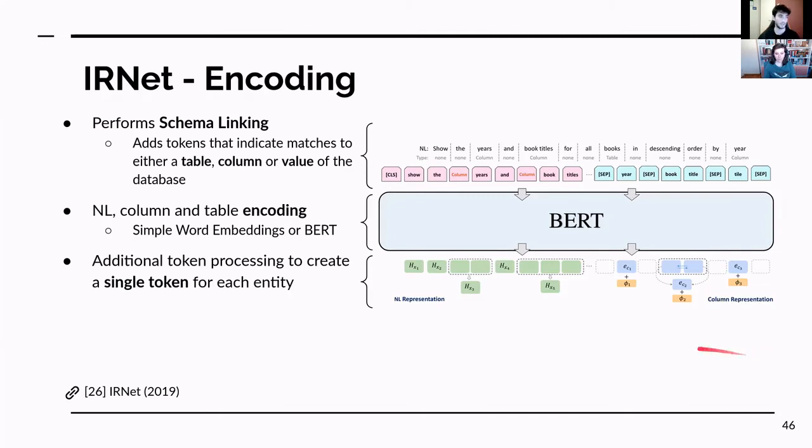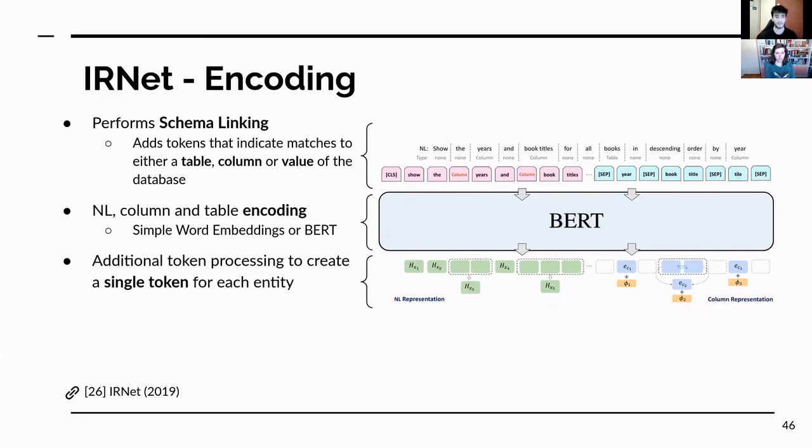So here, for example, we had the word years that also has a schema linking token. And IRNet would process these two tokens using a recurrent neural network, probably an LSTM, to create a single token for each entity.